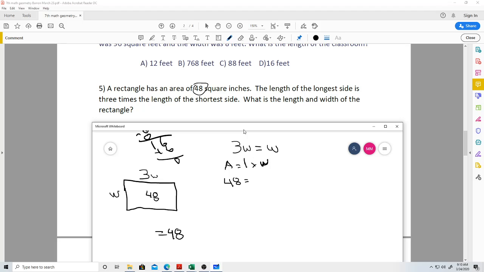Okay, and then what's our formula? What is our length in this? Because we know W and W are the same, so let's keep W times what's L? Oh, L is the long side, so L has to be 3W.